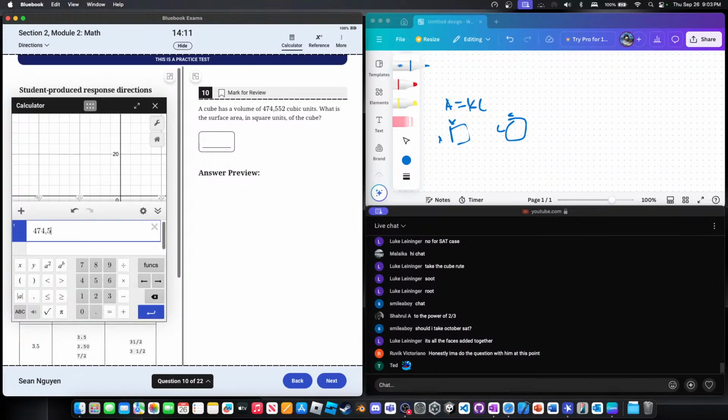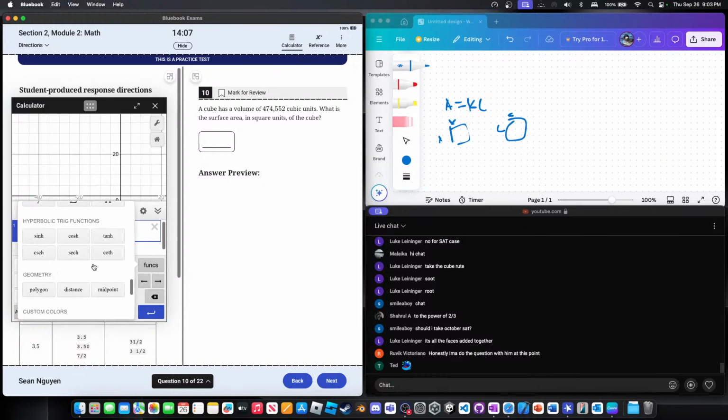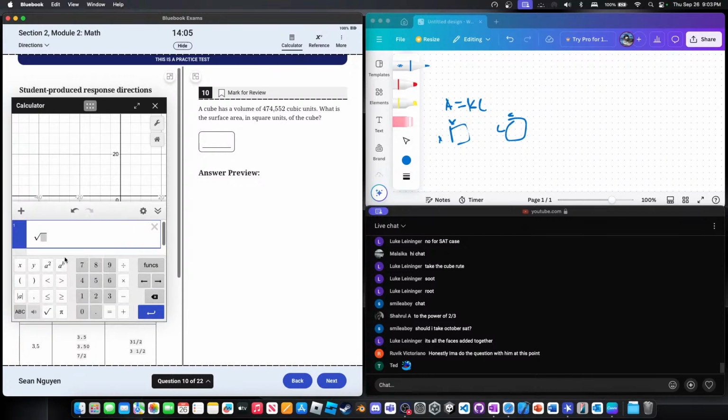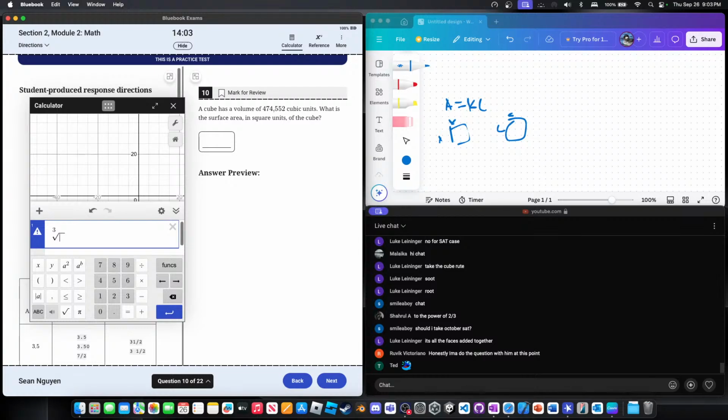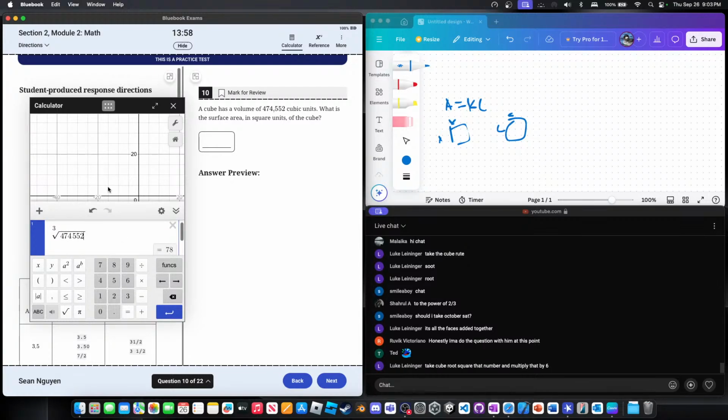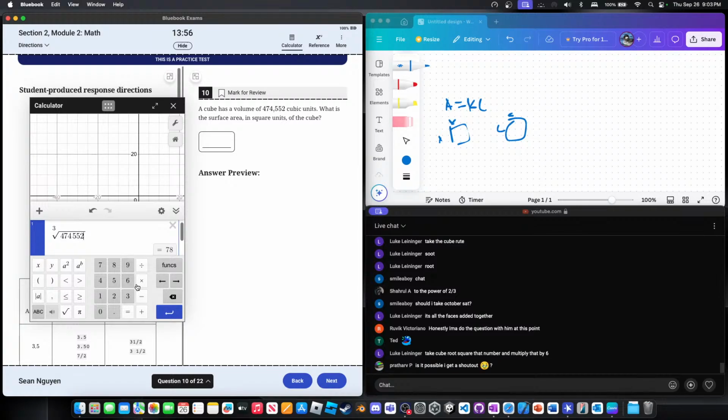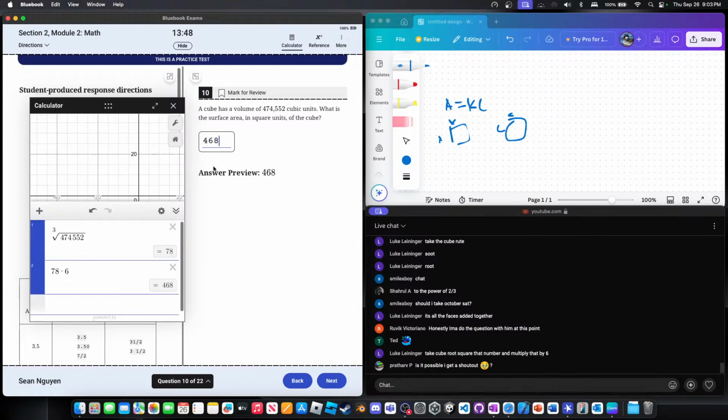Four, 7, 4, 5, 5, 2. Wait, hold on. I have to do the stupid thing. Six squares, that makes sense. 6 faces. Yeah.